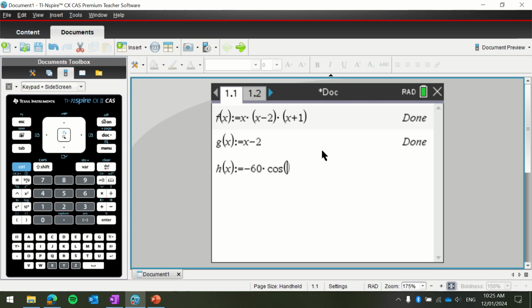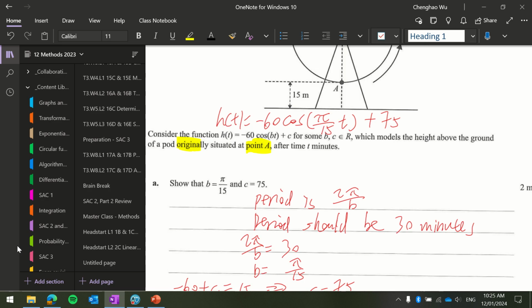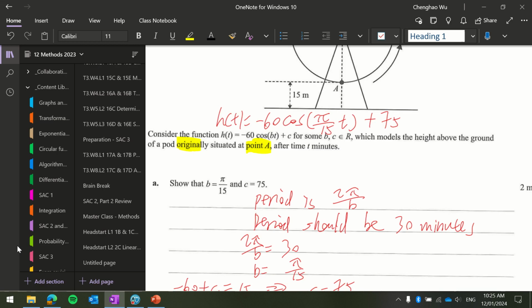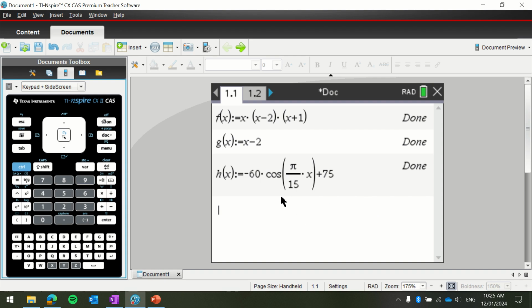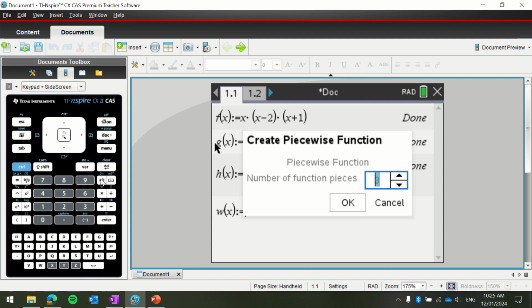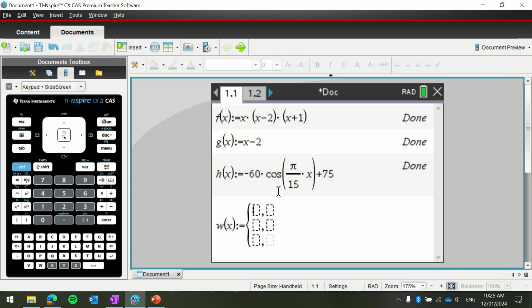Negative 60 cos pi over 15x plus 75. Yep. And then I need my w function, which is a hybrid. And first, it starts with this.